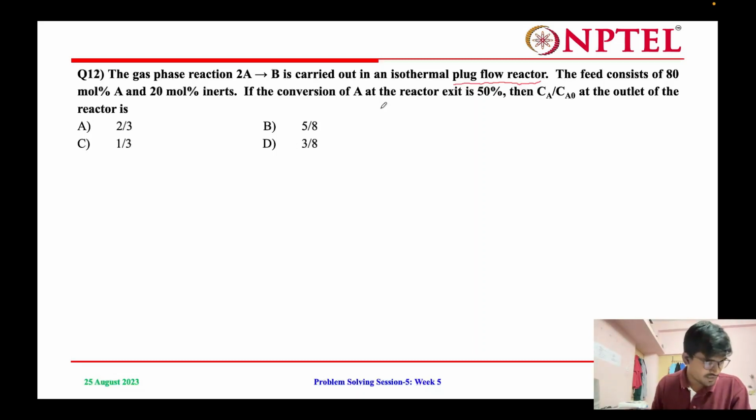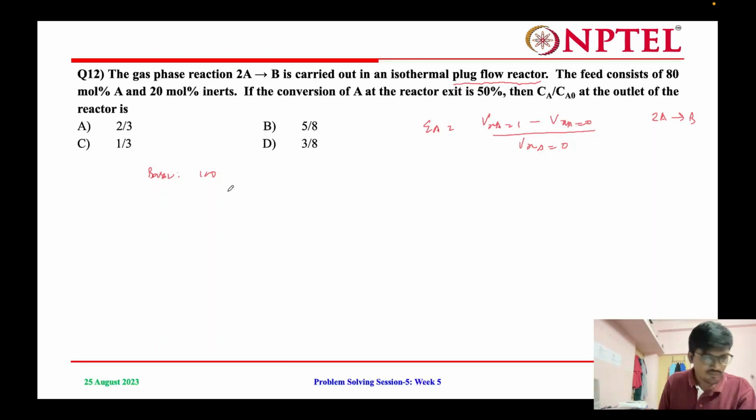And this is a gas phase reaction. So for a gas phase reaction, epsilon equals (V at X_A = 1 minus V at X_A = 0) divided by V at X_A = 0. Take a basis of 100 moles of feed. Then for feed and product we have species A, B and inert.